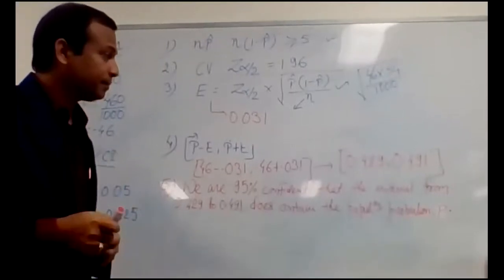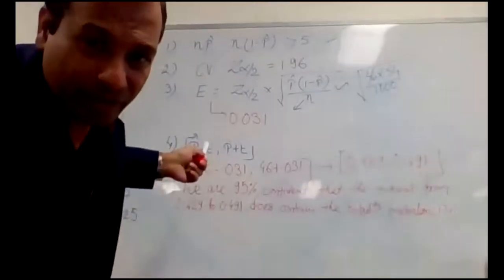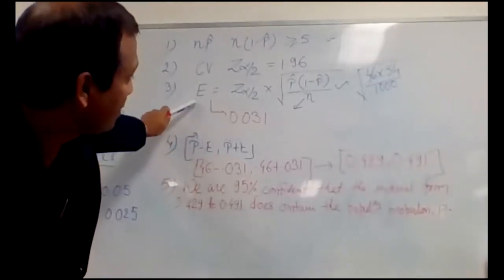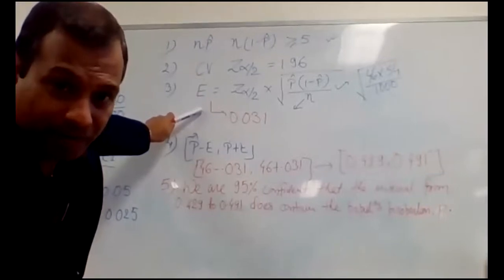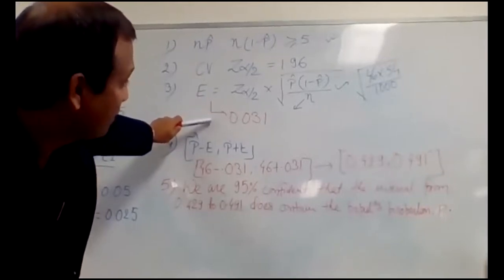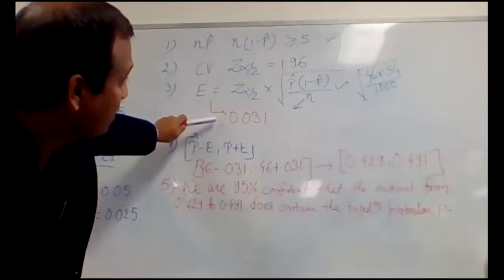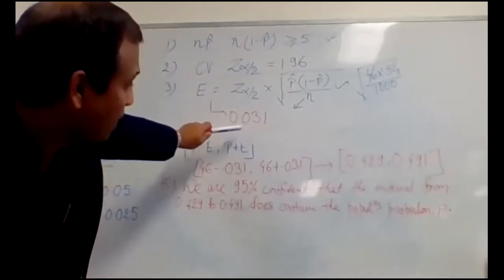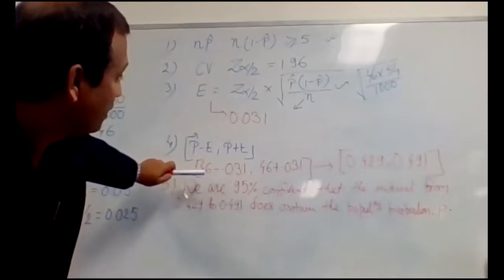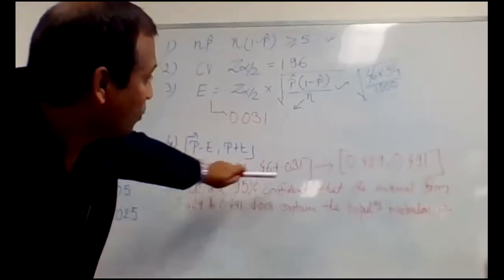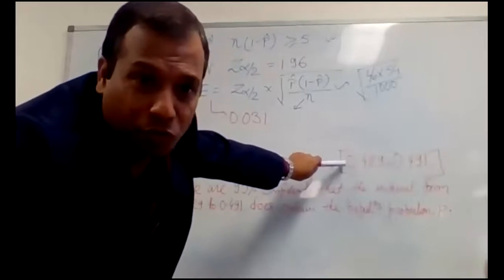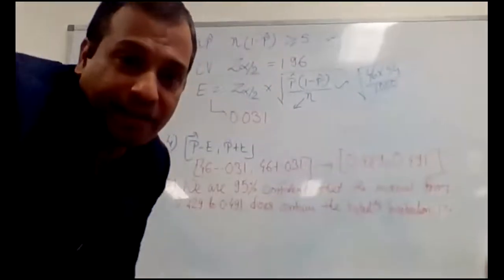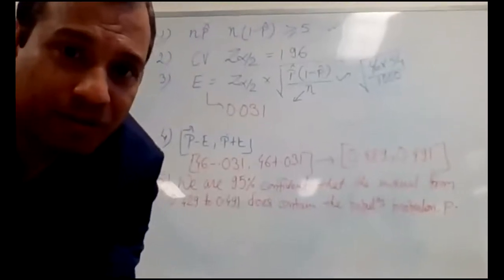This is the margin of error. You can't see the arrow for part 5? Oh, this one, this is the range, 0.429 to 0.491. Is the red color not visible to you?